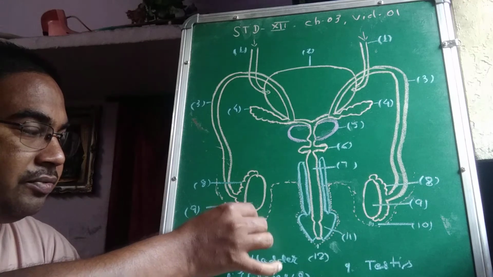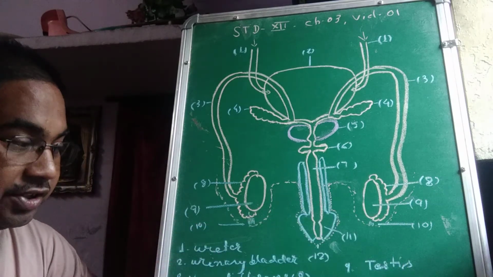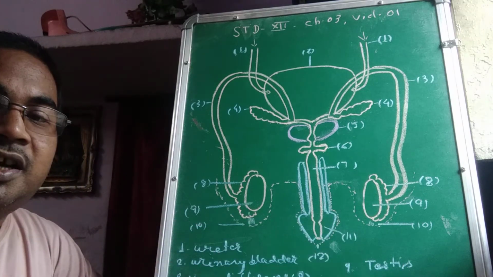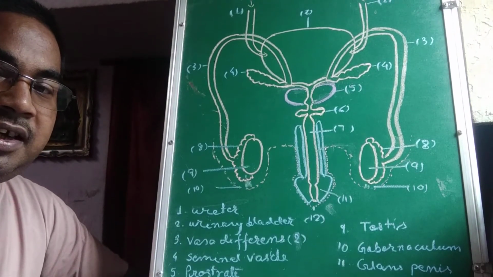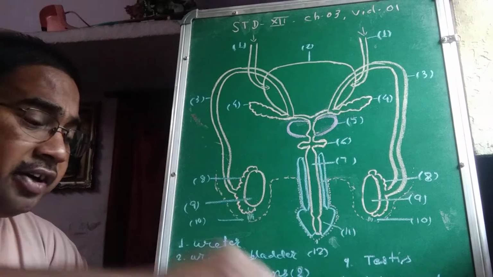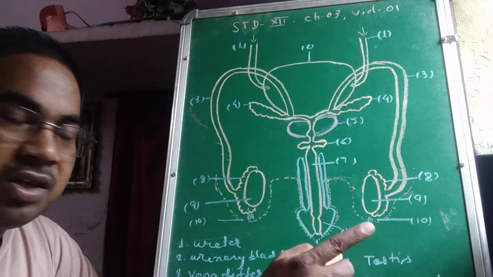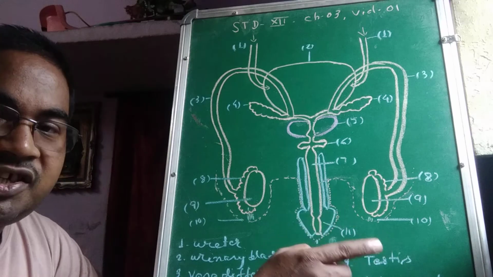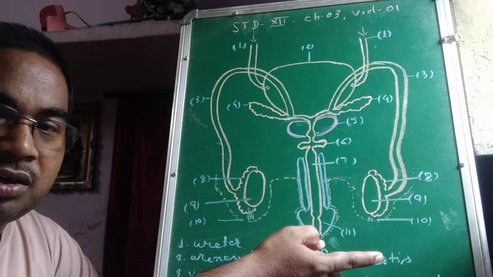This part where I have written 10, the name of the 10th part is gubernaculum. So what does the gubernaculum do? The gubernaculum is the muscular structure which attaches the testis to the scrotum.